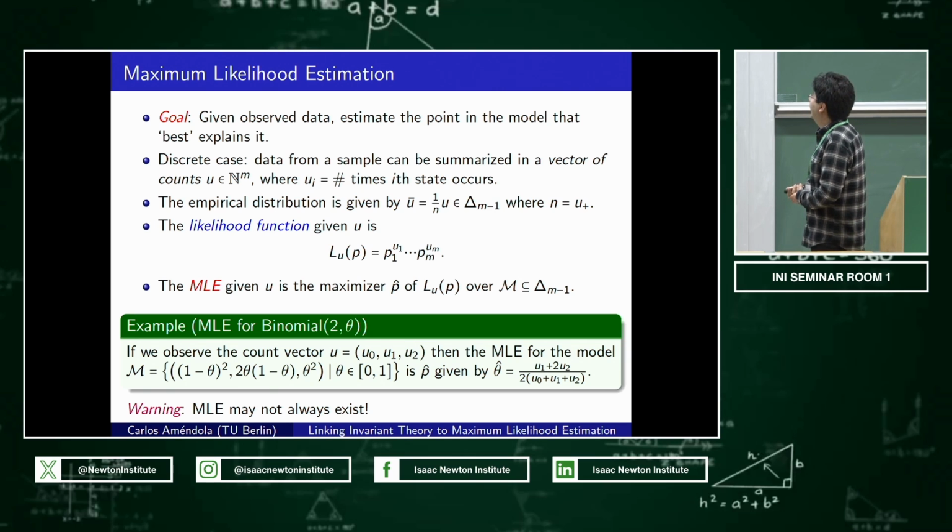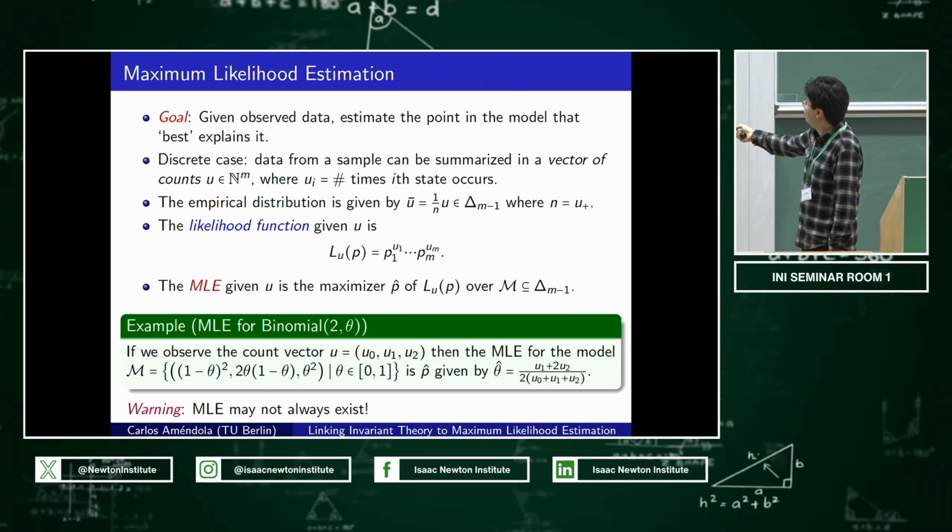Okay. And it's not hard to see that the maximizer is given by this rational expression in the u's, which is u1 plus 2u2 divided by 2 times this. And this is very intuitive because u1 plus 2u2 is the total number of heads that you observed in this sample, right?